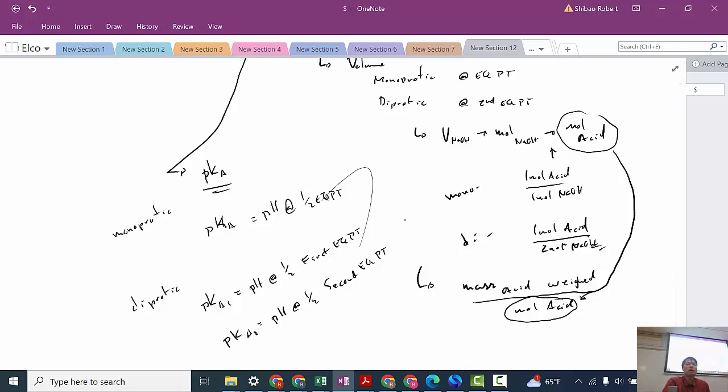Which one would you have more confidence in if a conflict arises? Hopefully there's no conflict. Hopefully the pKa is right on and the molar mass is right on. But sometimes that doesn't pan out. So what would you have more confidence in, the molar mass or the pKa?